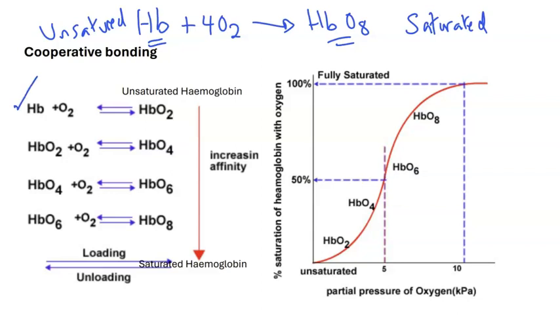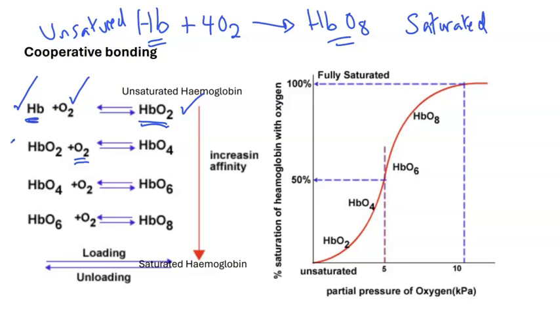A hemoglobin molecule has an attraction for the oxygen molecules, and they are attracted towards the heme groups, and they would form initially HbO2. Now the interesting thing about this is that the molecule HbO2 has a higher affinity for the next oxygen molecule than the original one.